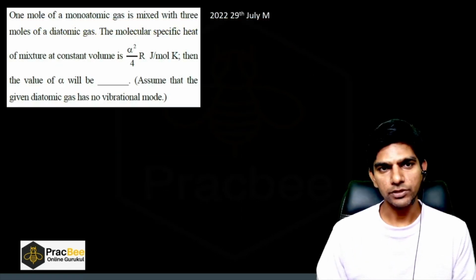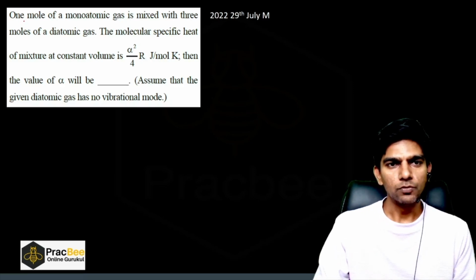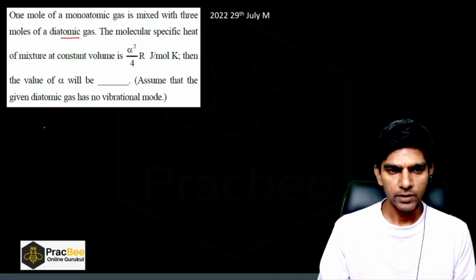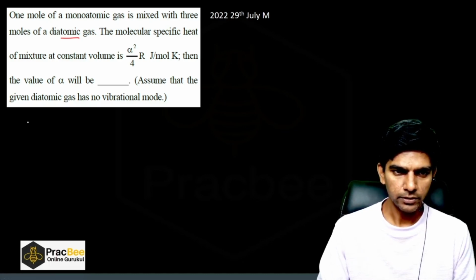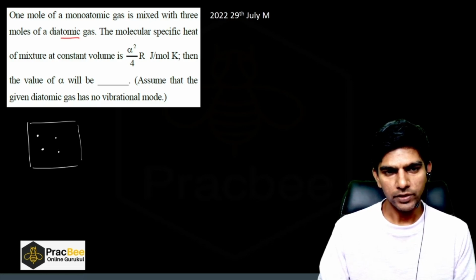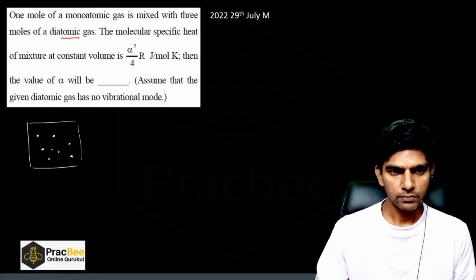Now let us see some of the illustrations based on these concepts. 1 mole of a monatomic gas is mixed with 3 moles of diatomic gas. So basically we have a container, and in this container we have monatomic gas and we have diatomic gas.